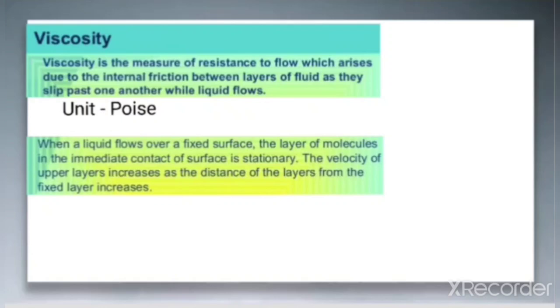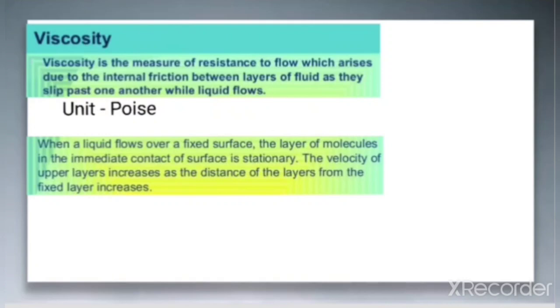When a liquid flows over a fixed surface, the layer of molecules in immediate contact with the surface is stationary. As I told you, in liquids there are certain layers. So the layer which is in contact with the surface is stationary, and the velocity of the upper layers increases as the distance of the layers from the fixed layer increases.